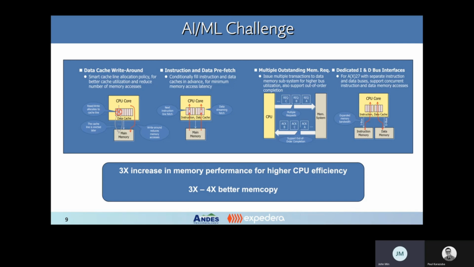So we have technology to do fast writes, and instruction and data prefetch. Generally, a lot of AI workloads tend to be very linear or a loop, so if data is available linearly in a contiguous address space, we'll get the instructions and data, prefetch it so it's available to the CPU.